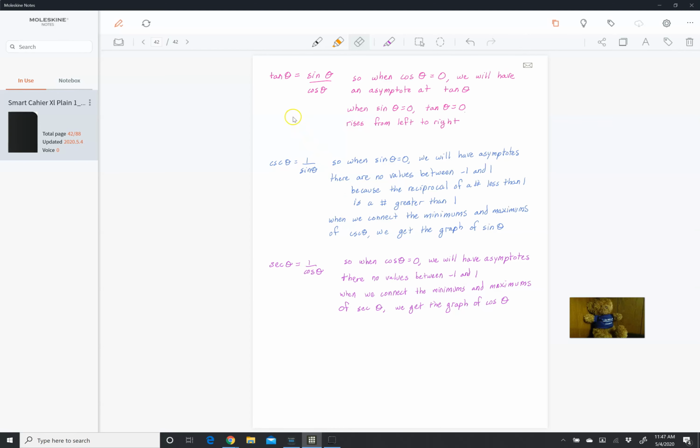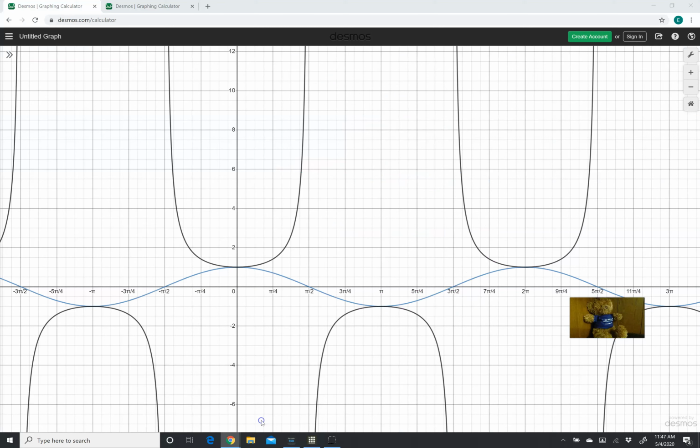So these are different ways that we could distinguish between these three graphs, okay? Secant and cosecant and tangent all have asymptotes. Sine and cosine don't. So when you say that it doesn't have an asymptote, we know that we're dealing with either a sine or a cosine graph. How do we know which? Well, maybe you have to say the sine of 0 is 0 and the cosine of 0 is 1, and that's how you can distinguish between those two graphs, okay?